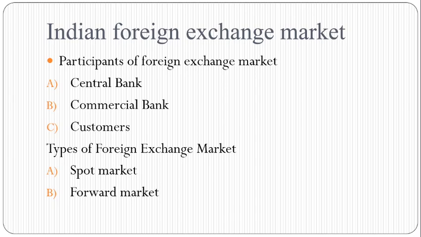Now that dollar will be converted into the Indian currency, which is the rupee, and then deposited into the banks of those exporters. But the foreign currency which those exporters received from Europe will be the property of the RBI, and in exchange for that foreign currency, the RBI will issue Indian currency to those people.